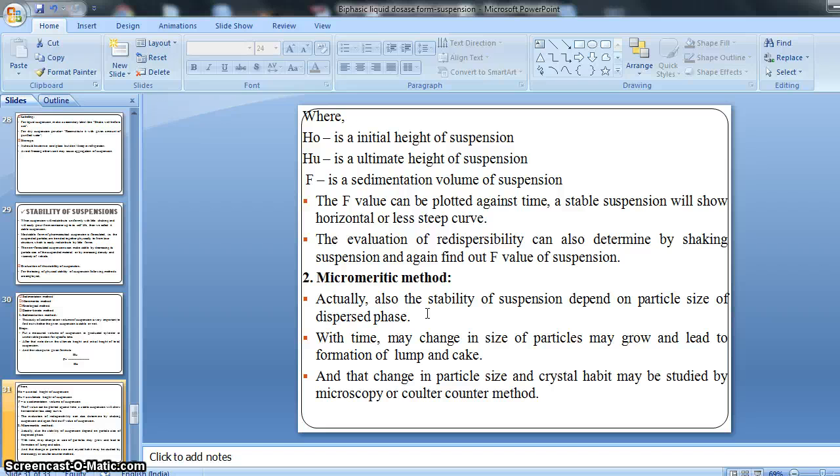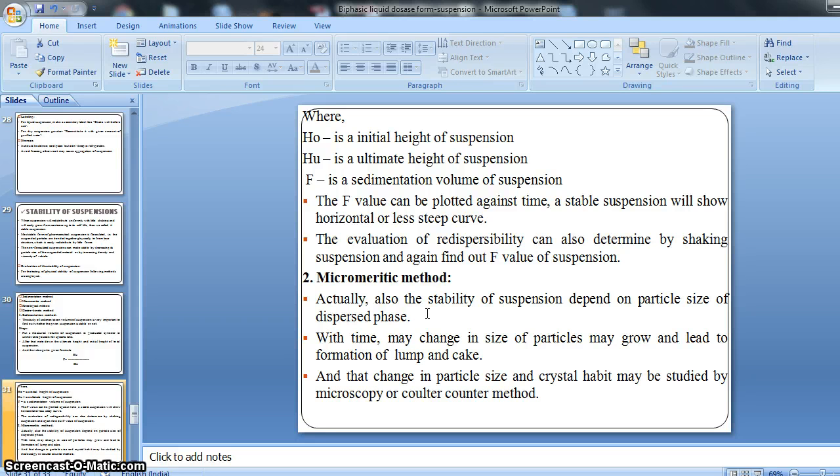So the formation of lump and cake is also one condition of instability of our suspension. So for recognizing or estimating our particle size, meaning how much the size will increase in the future, the micromeritic method is applied.